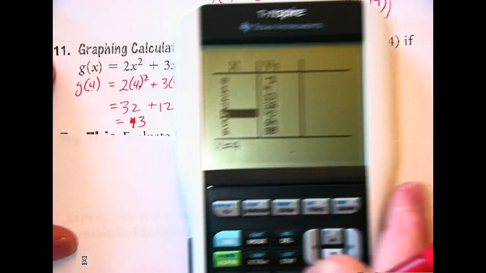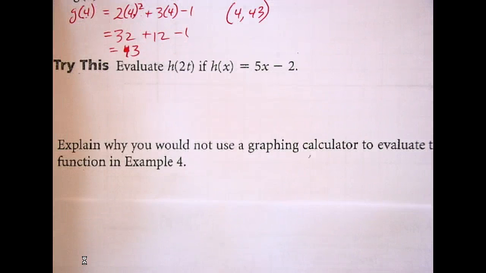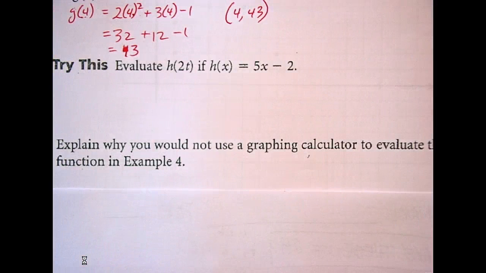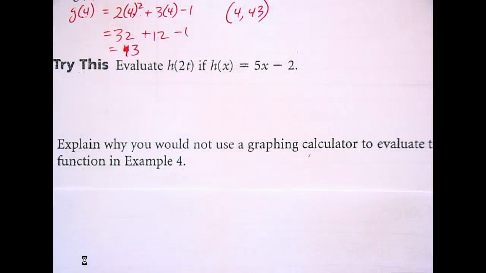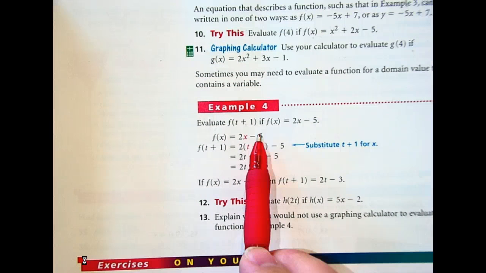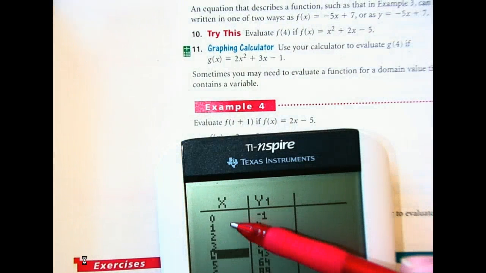Yeah, man. Now, one of the questions, I'm going to jump down to 13 real quick. 13 says, explain why you would not use a graphing calculator to evaluate the function in example 4. Example 4 shows this function, f of t plus 1. Now, is there any way to find t plus 1 on my graphing calculator screen for a table?